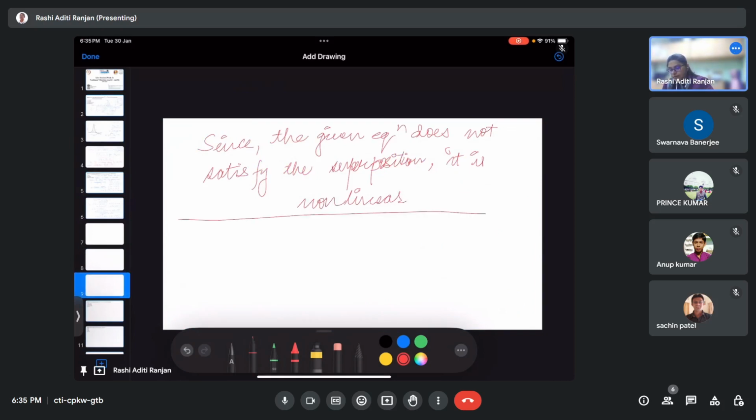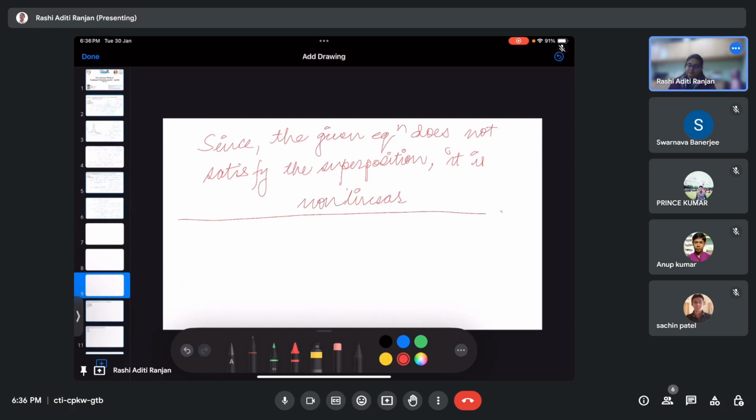Okay, so it is very important to identify which equation is linear and which equation is non-linear. Because if you cannot identify, it may happen that you will try to solve a non-linear equation like a linear equation, and that would be really tough, and you'll not be able to get the proper answer.